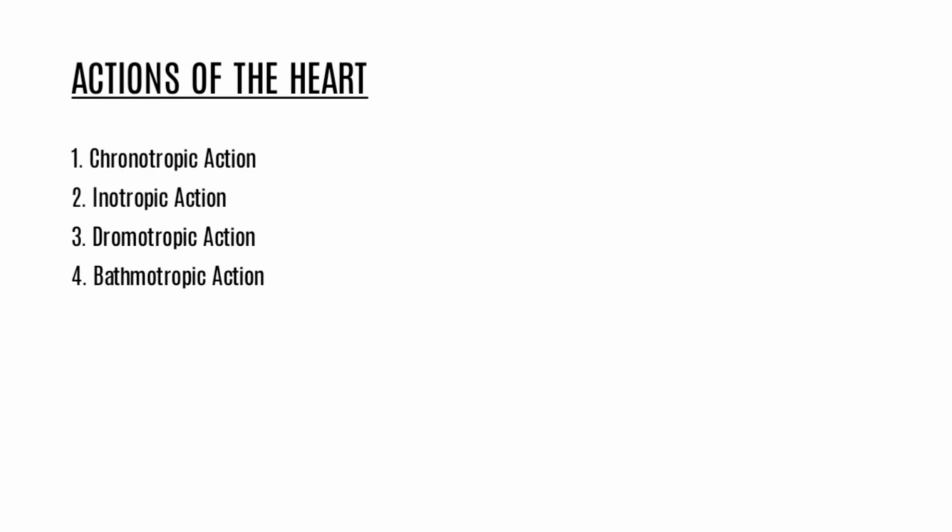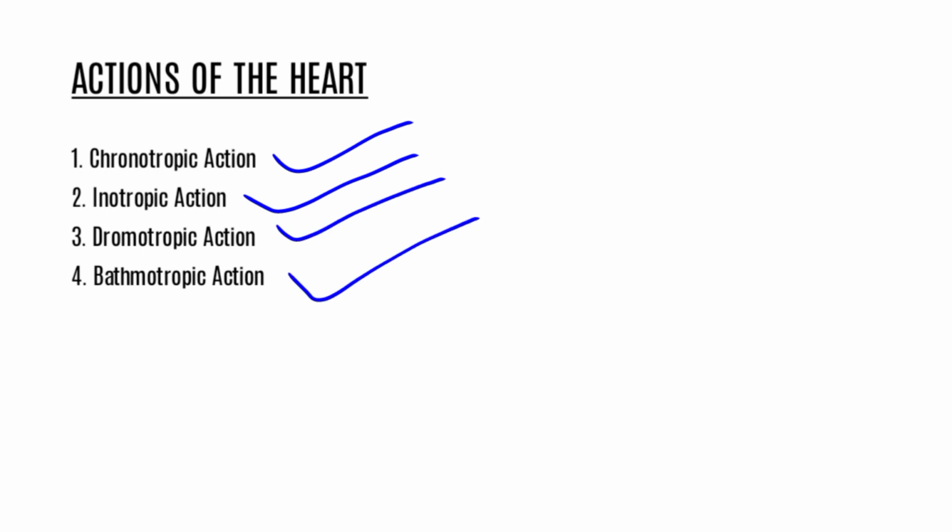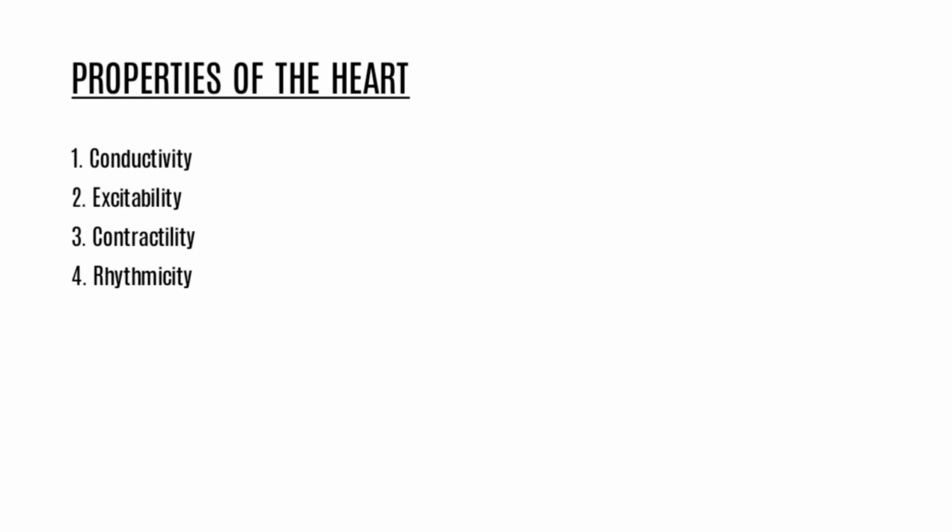Now the heart performs some particular actions which I will take as a full course in some upcoming videos, but just for you to know now, it carries out four actions: the chronotropic action, the inotropic action, the dromotropic action, and the bathmotropic action. The heart basically has four very important properties. That is the conductivity, meaning it has the ability to conduct impulses from one part to the next.